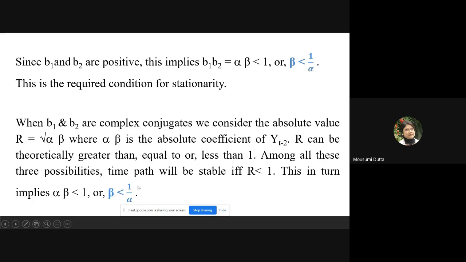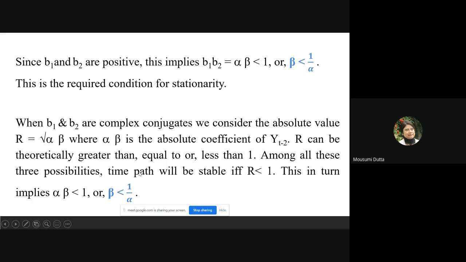Among all these possibilities, the time path will be stable if and only if R is less than 1. This in turn implies the product alpha into beta is less than 1, which in turn indicates beta is less than 1 upon alpha.